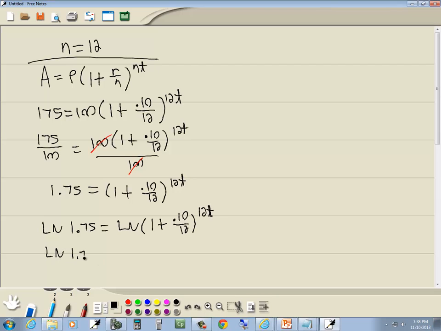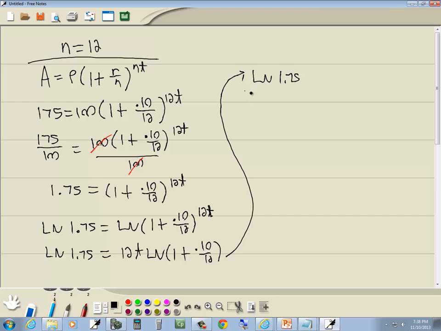Step 3, use properties of logs to get the variable out of the exponent. So I'll take the 12t and put it out in front of the natural log of (1 + 0.10/12). We want to solve for t, so we're going to divide both sides by 12 natural log of (1 + 0.10/12), what's in front of our variable and what's after our variable, and do the same thing to this side.